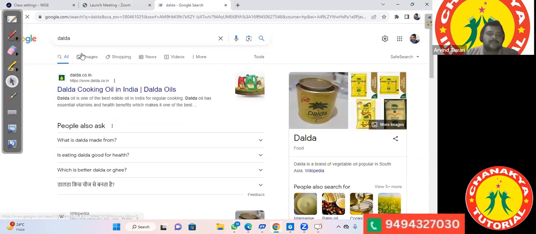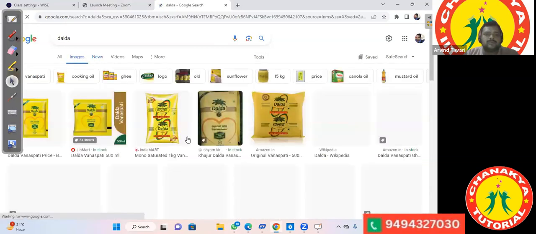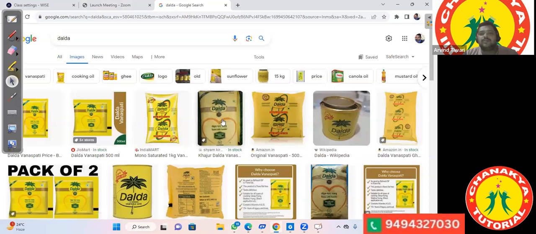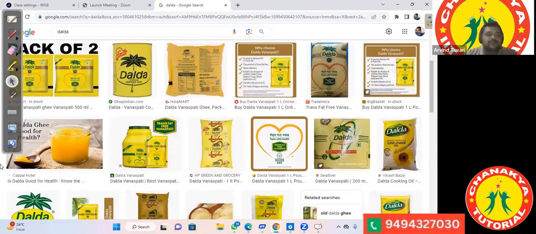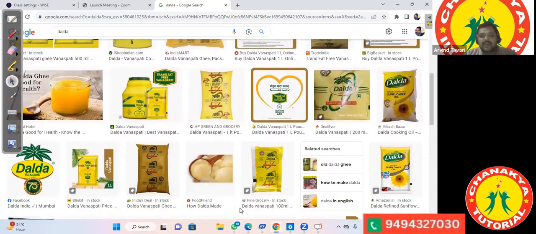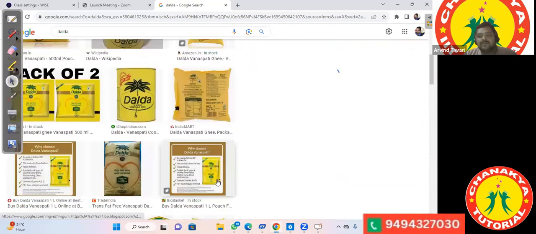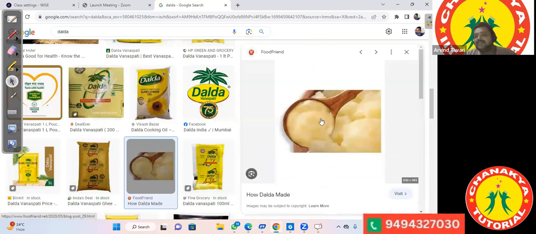These were the packets which were obtained. Let me see if we have something open as dalda. See, it just looks like ghee. It has this appearance like ghee.